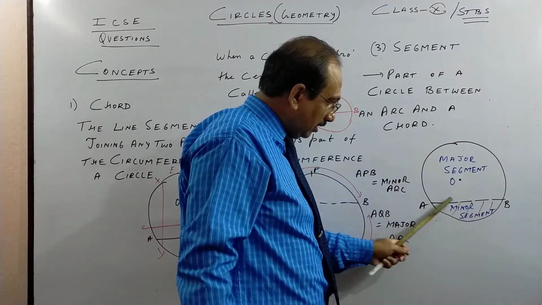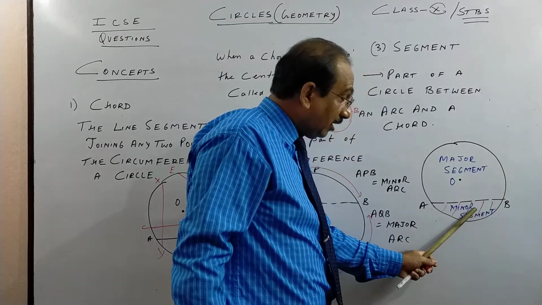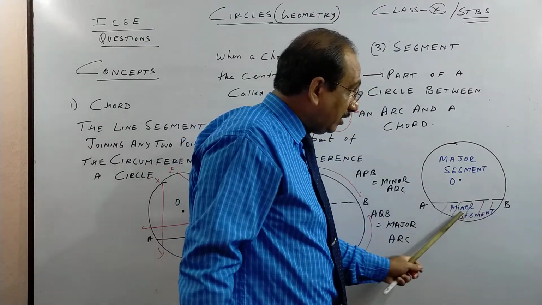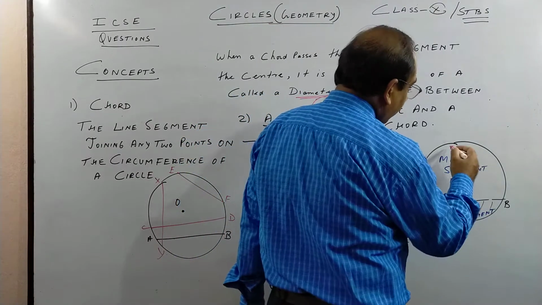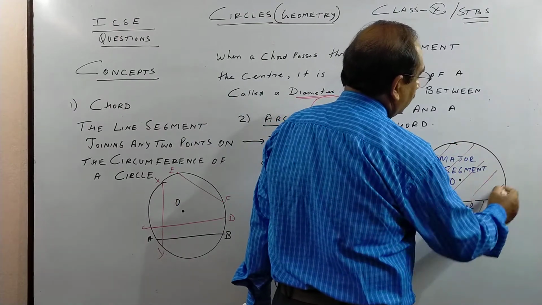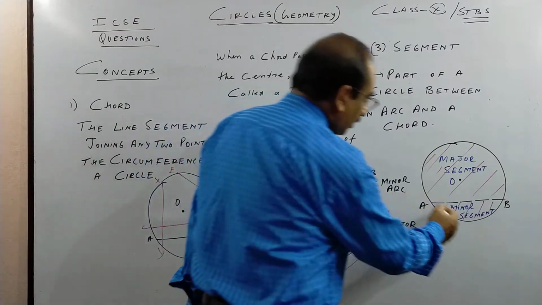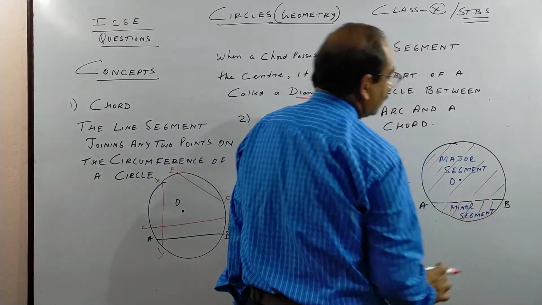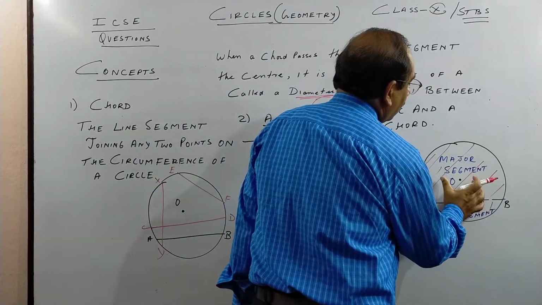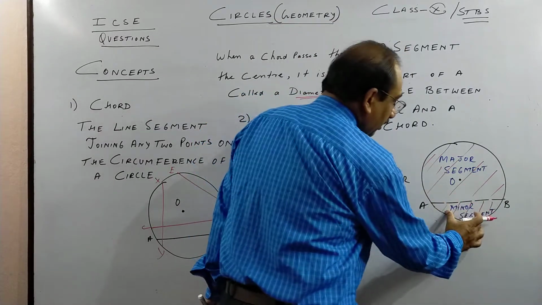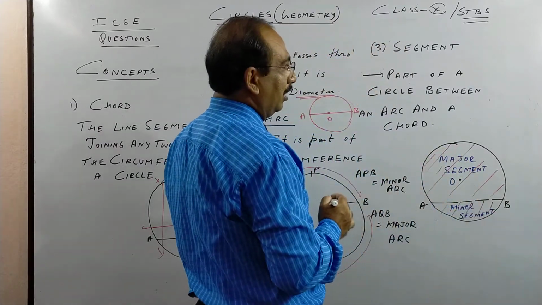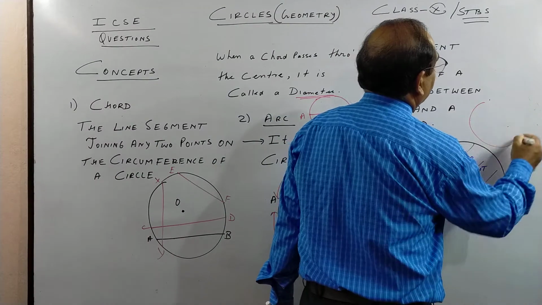This area is called the minor segment, and the other part is called the major segment. Okay, so this part is called the major segment, and this is the minor segment.